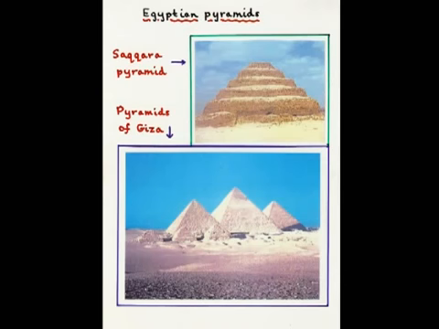And from about 2700 BC onwards, the pharaohs desired to be buried in massive pyramids. The oldest of these, King Djoser's step pyramid at Saqqara, was constructed in horizontal layers and supposedly designed by Imhotep, the celebrated Grand Vizier and architect.